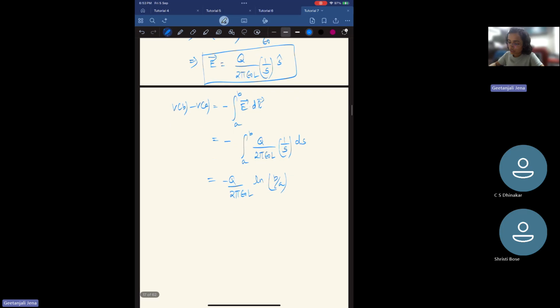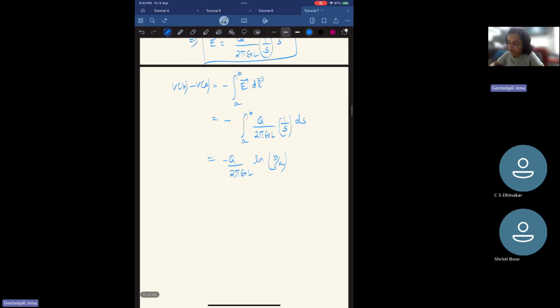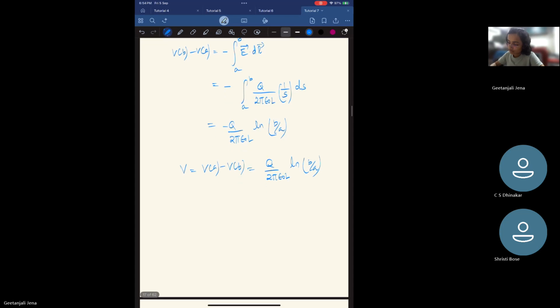Negative means the potential of the inner surface is greater than the potential of the outer surface. So V will be V_A minus V_B, which will be Q by 2 pi epsilon naught L ln B by A. Now the capacitance C is Q by V, which is 2 pi epsilon naught L divided by ln B by A.